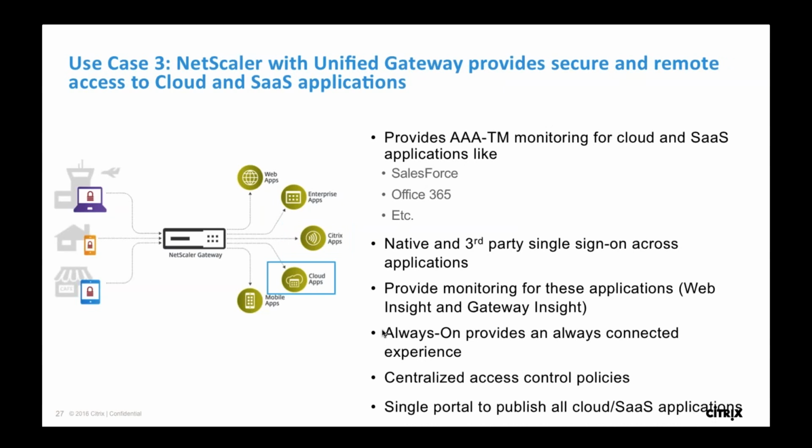The third use case we're going to talk about is cloud and SaaS applications. And one of the cool things is the security component built into Netscaler and our ability to support various degrees of federated access, whether it's SAML or OAuth, things where you have a contractor that might have an application that's a SaaS application that we can use Netscaler to verify the identity, to extend that security out.